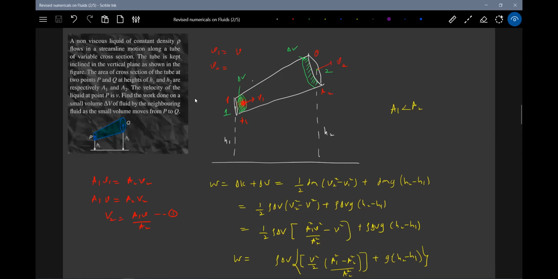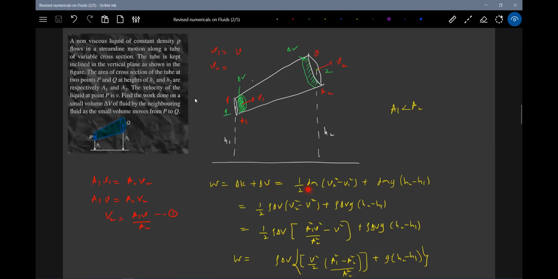As the liquid flows, work will be done by the adjacent layer of the liquid. As this elemental volume moves from 1 to 2, there will be a change in its kinetic energy, because it has speed V1 here and speed V2 there. It also rises to a certain height, so there will be an increase in gravitational potential. So work done by the adjacent layers on that elemental volume equals the change in kinetic energy plus the change in potential energy.